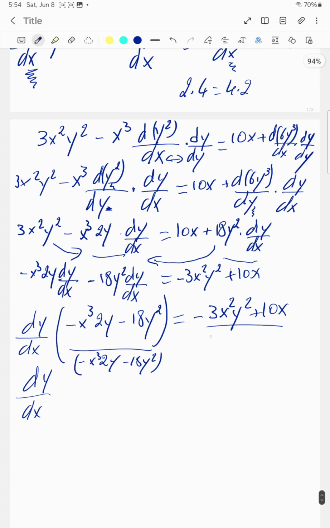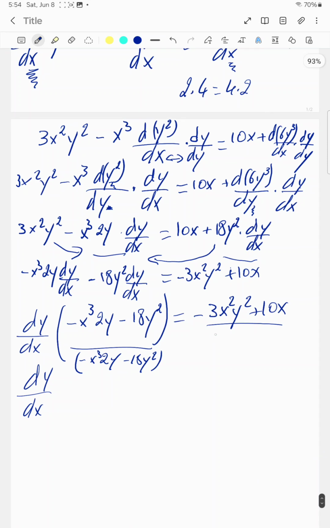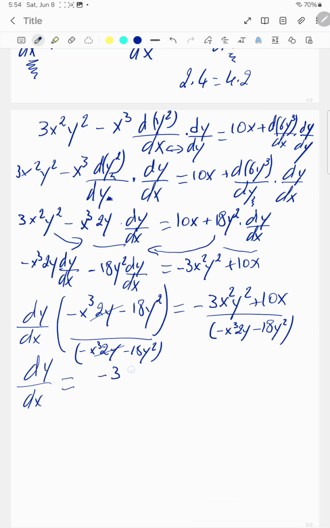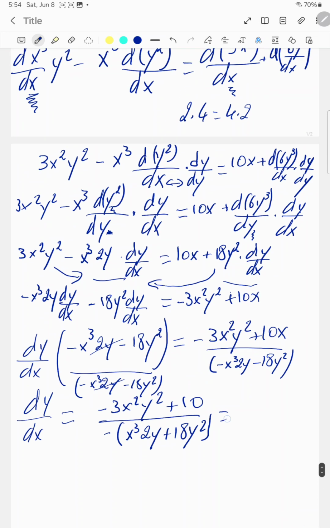Whatever I do on the right hand side, I do on the left hand side, so minus x to the power of 3 2y minus 18y squared. A number divided by itself is 1, equal to minus 3x squared y squared plus 10x divided by minus, I can put minus into parentheses, x to the power of 3 2y plus 18y squared, and now I can multiply the numerator and the denominator by minus.